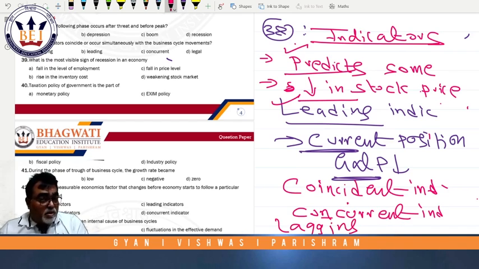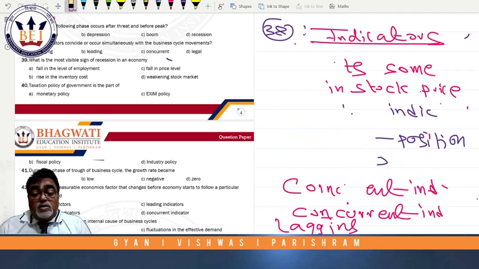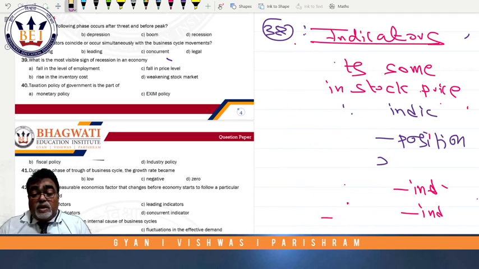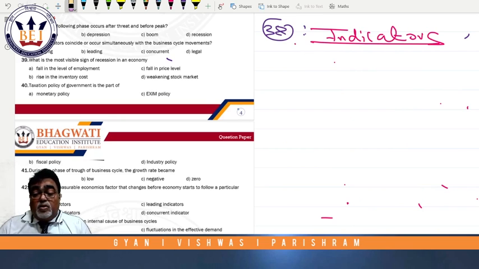Once more, in a simple way. People may have a dilemma or confusion, or sit on the fence, in understanding this indicator concept. In a simple way, those who are watching this video can understand: indicators have three parts.